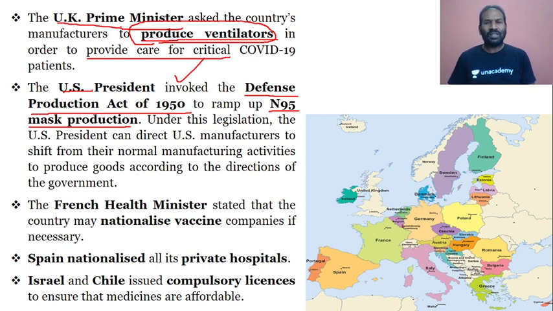And then US President has invoked the Defense Production Act 1952, so that they can ramp up the N95 production, because there is no production of ventilators in UK, the developed country, and no production of N95 masks in US, because these countries do not go ahead with the production. Now they have shifted it to the developing countries.